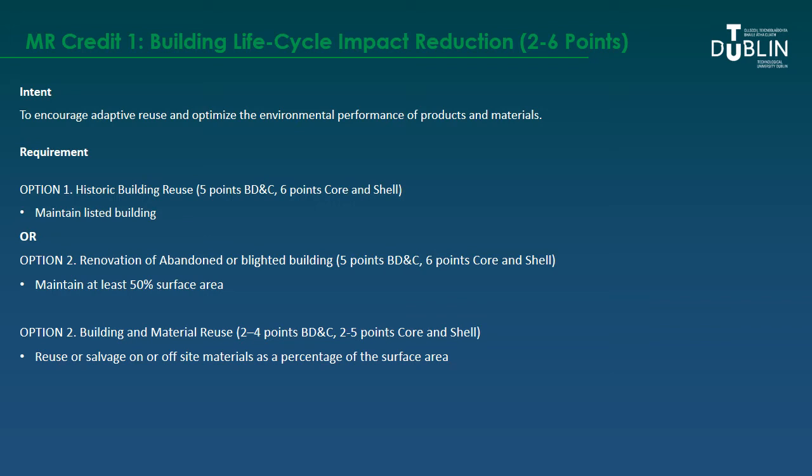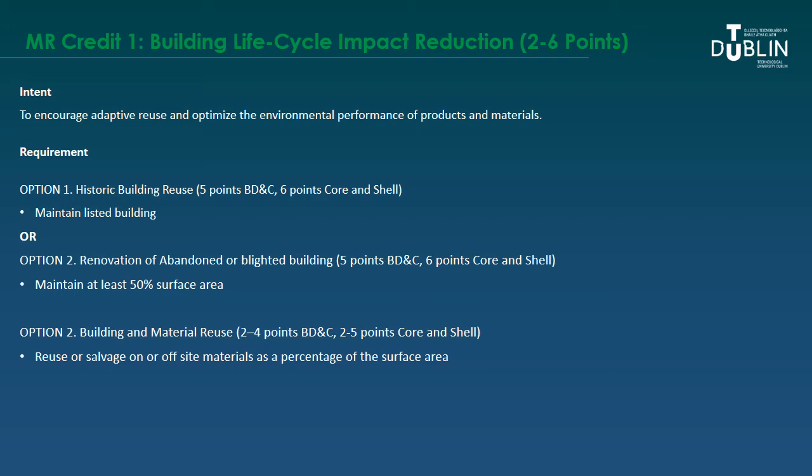Or option 3, that should be, where you're reusing either on or off-site materials or salvaging them as a percentage of the total surface area. And there's a table between a range between 2 to 4, 2 to 5, because depending on what that percentage is, you get an equivalent number of points.